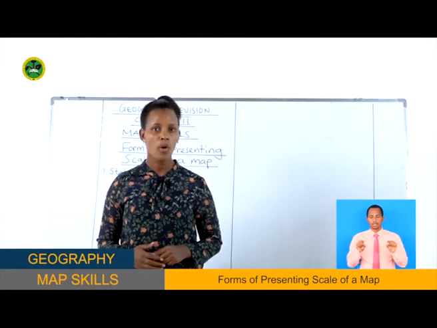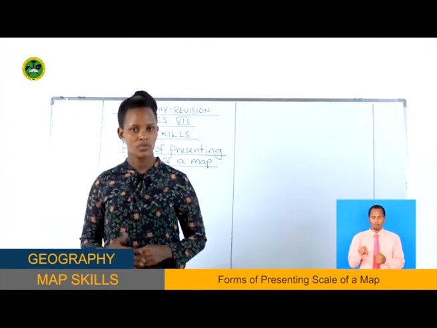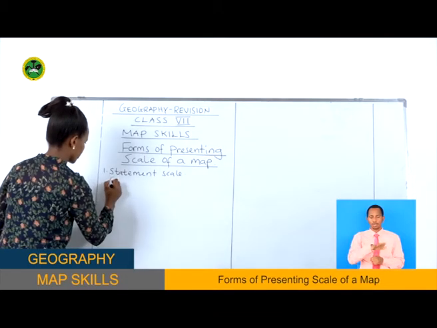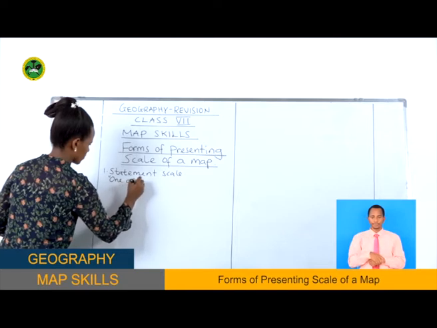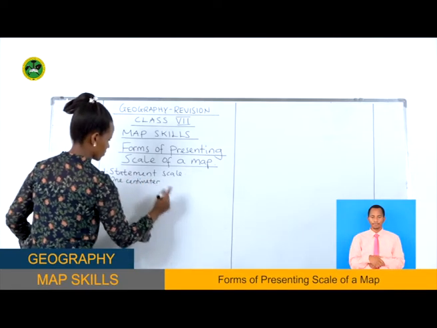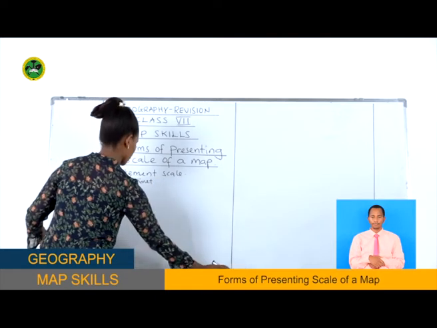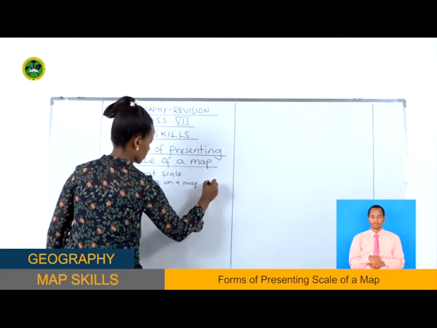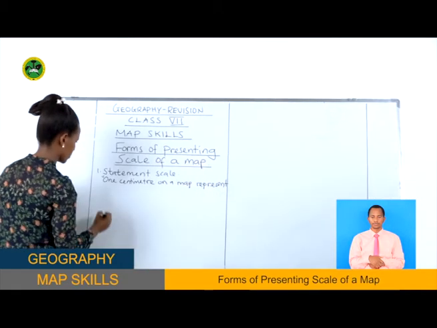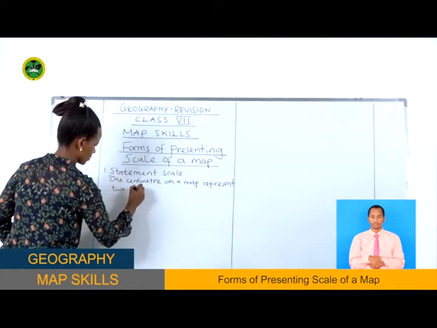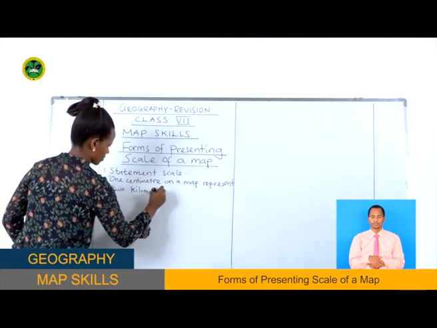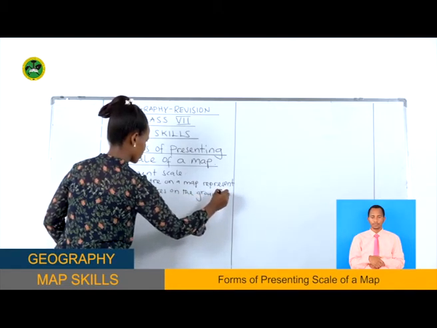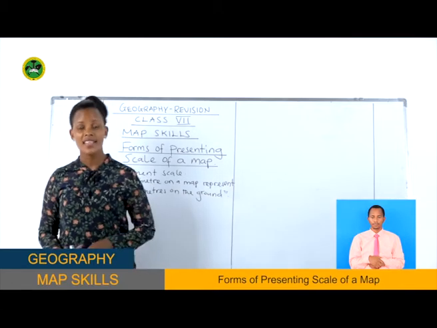So it can be, for example, 1 centimeter on a map represents 2 kilometers on the ground. This is a statement scale.